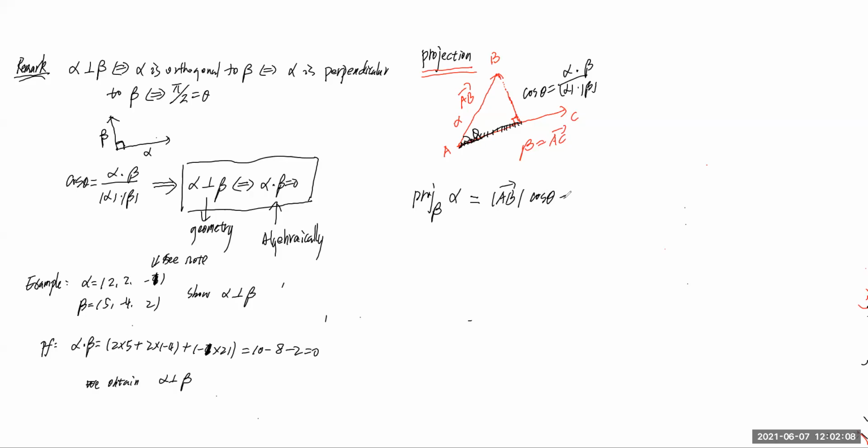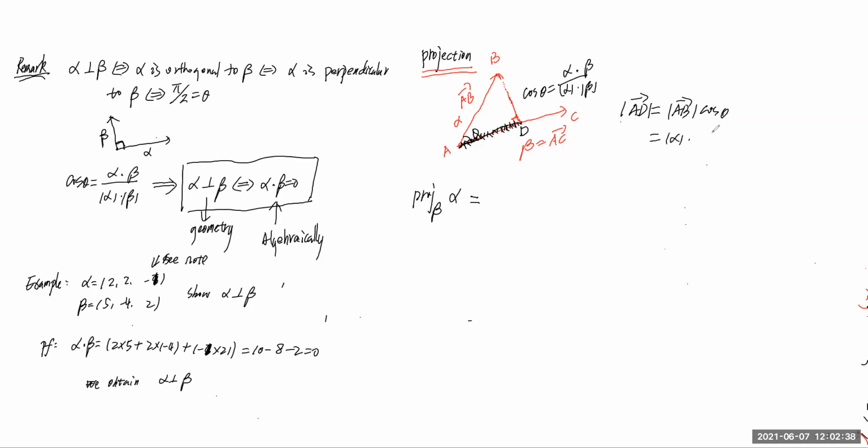Okay, and then AB is alpha. Alpha length. No, here, sorry. I made a mistake. So first, let's compute. This is D. So let's compute the AD, the length. Just the length. So the length is AB cosine theta.